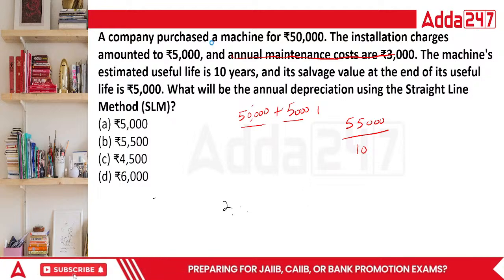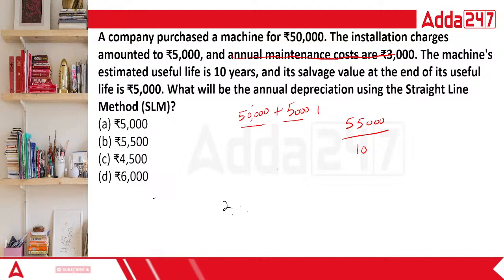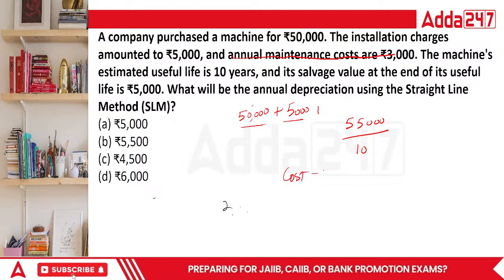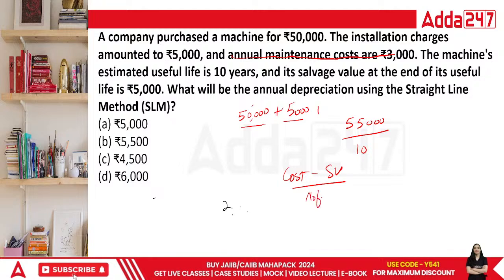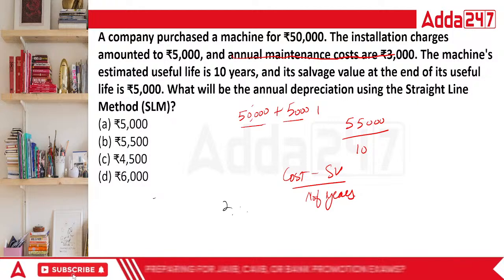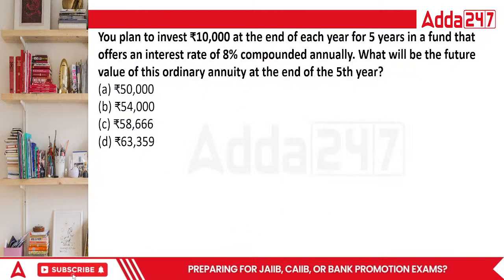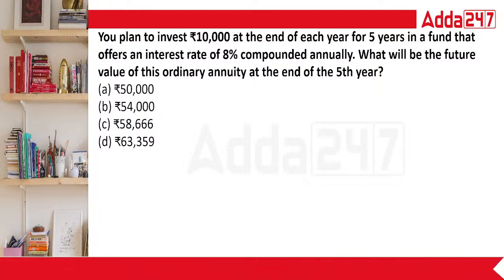Done? This is based upon the straight line method. What is the straight line method, everyone? Cost minus your salvage value divided by number of years. That is 5,500.